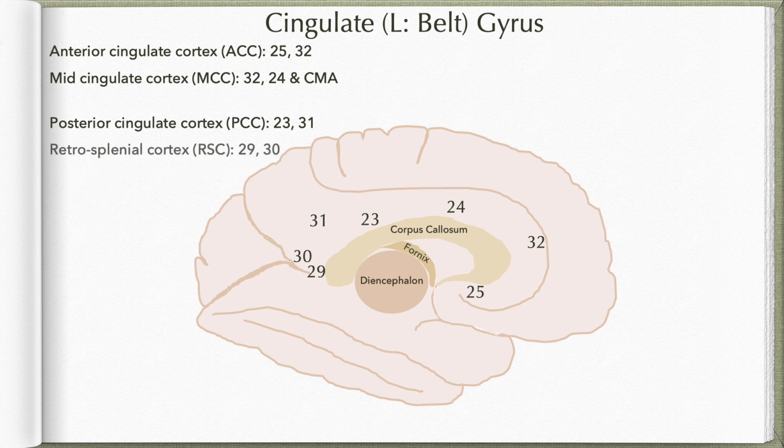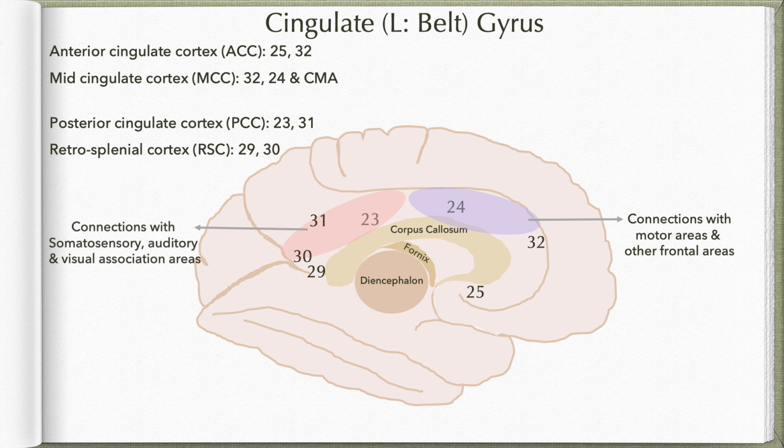And finally, we have the last posteriormost portion known as retrosplenial cortex that includes areas numbered 29 and 30.